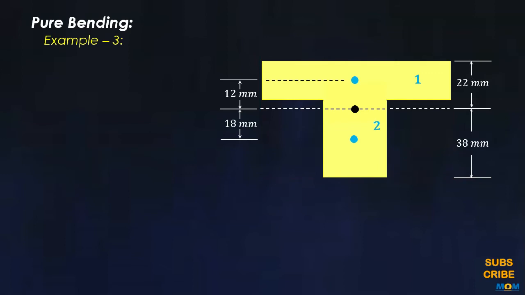Now to calculate that, I about neutral axis is equal to summation of 1 upon 12 bh cube plus A d square.